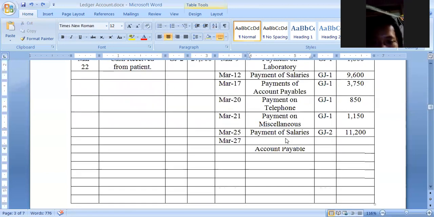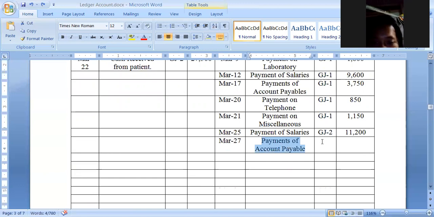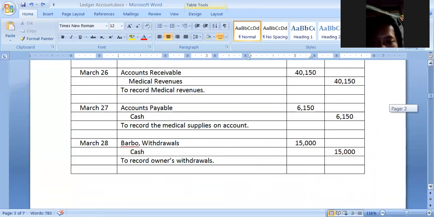Let's go back to ledger account. Payment of accounts payable. General journal, page 2. 6,150 is credited. March 28. Let's go back to journal entry.